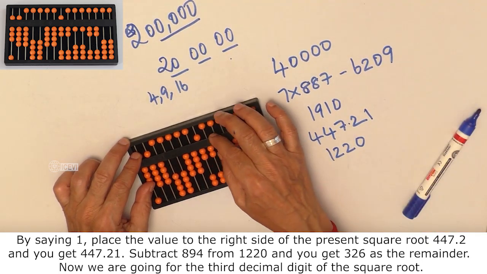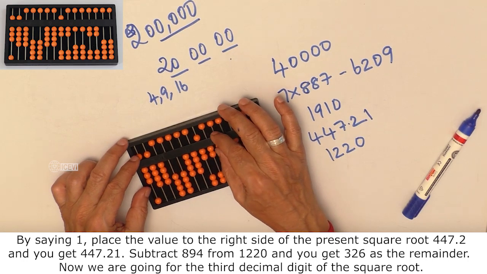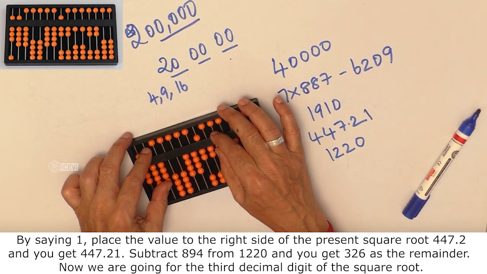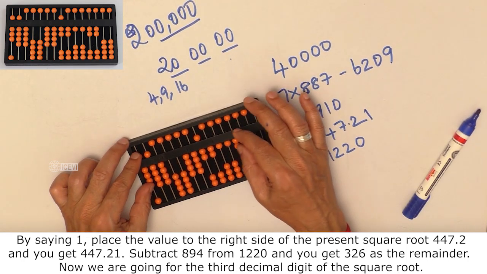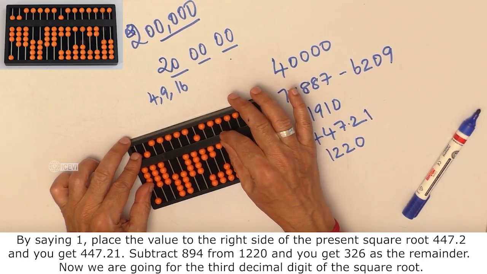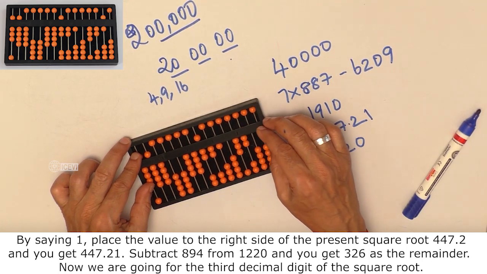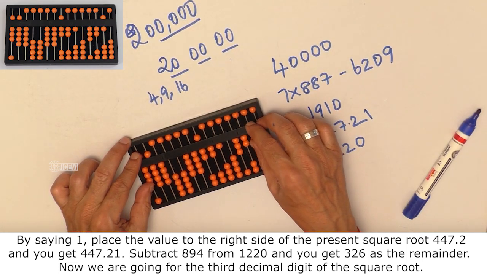Now subtract 894, that is 1 multiplied by 894 from 1220 and you will get the remainder as 326.